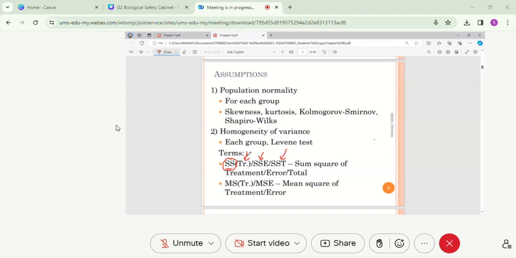From the sums of squares, we will get the mean square of treatment and the mean square of error, because we need these two to compute our F statistic. Remember just now, our F statistic is mean square of treatment over mean square of error.